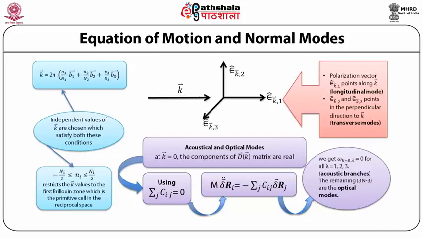So this is a very unique property of the acoustical modes, that at k equal to 0 the frequency is always 0, and hence these three are the acoustical branches, since the frequencies vanish in the long wavelength limit. Long wavelength basically means k equal to 0, and the remaining 3n minus 3 modes are the optical modes. So 3 acoustical modes and 3n minus 3 optical modes. Once you find the acoustical modes, the remaining ones are the optical modes.